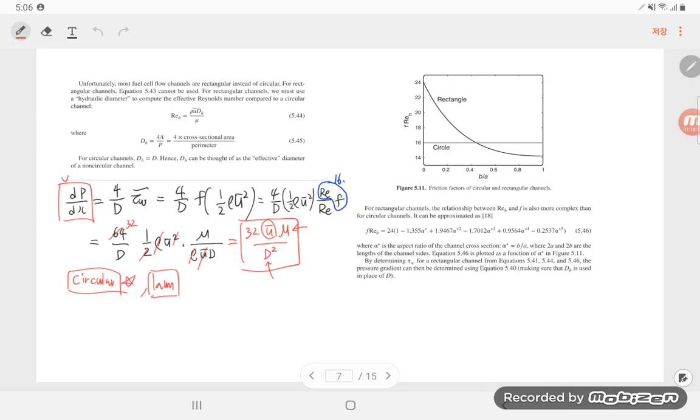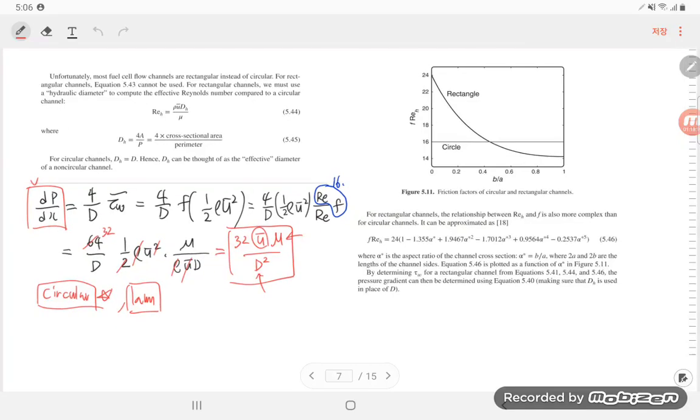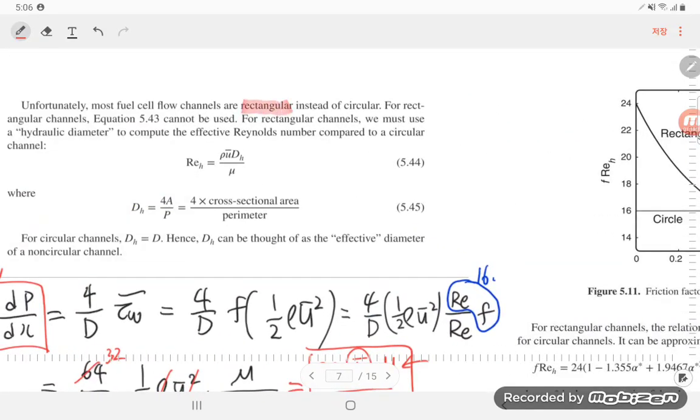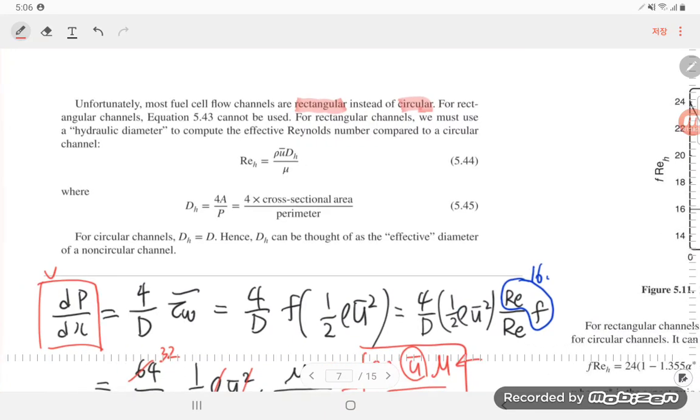And next, unfortunately, most fuel cell flow channels are rectangular, right? Rectangular instead of circular. For rectangular channels, this equation cannot be used. So for rectangular channels, we must use the hydraulic diameter, dH, to compute the effective Reynolds number compared to the circular channel.